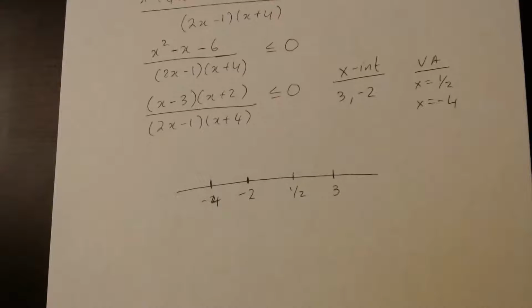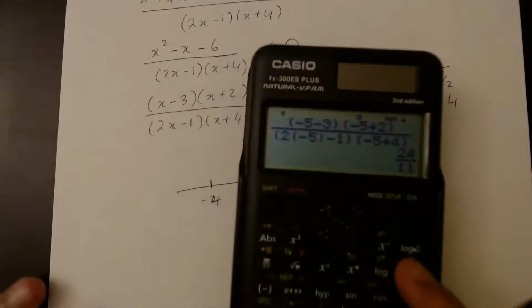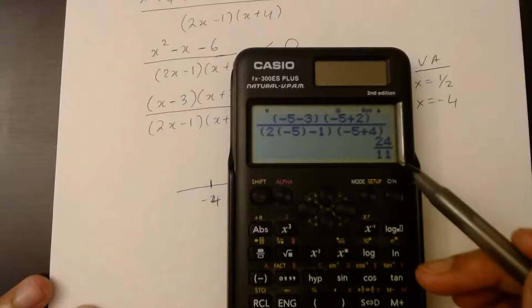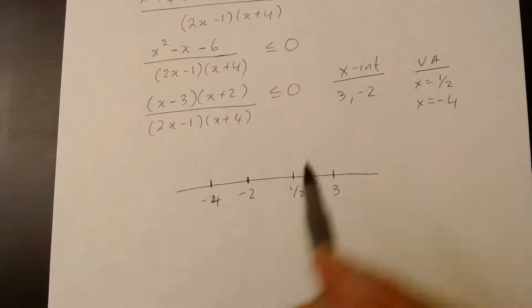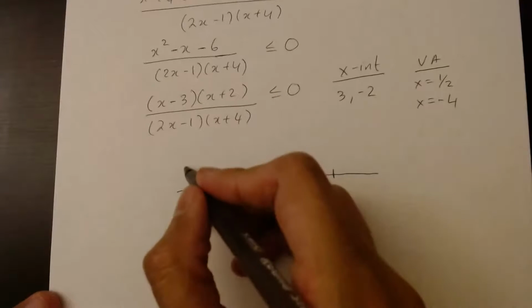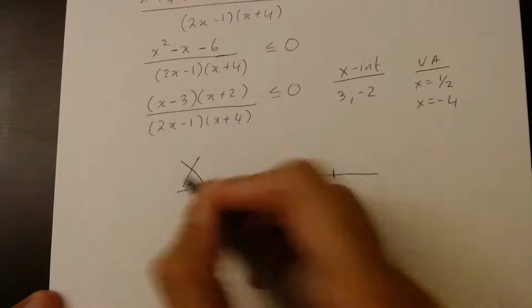Negative 5 minus 3 times negative 5 plus 2 over 2 times negative 5 minus 1 times negative 5 plus 4. If I put this in my calculator, I get 24 over 11. 24 over 11 is a positive number. It's not less than or equal to 0, which means this entire range is going to be a bad range.